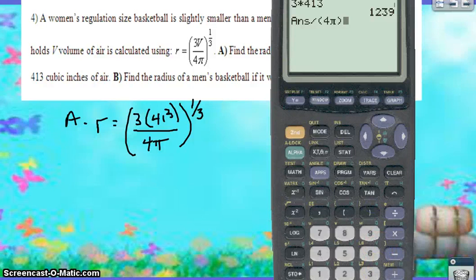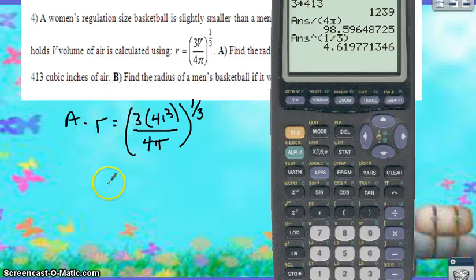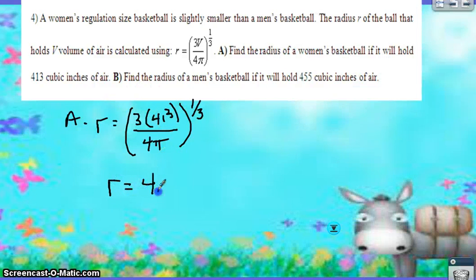Notice the use of the parentheses. Then I'm going to raise that number to the 1/3 power. Do you see how I was able to put that in using individual steps, but still utilizing parentheses here? The radius for this particular ball is 4.62.